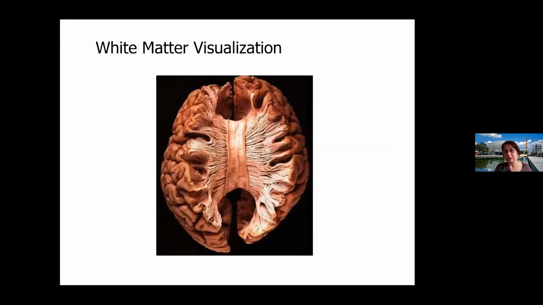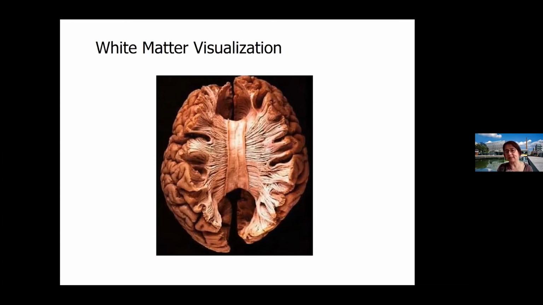And what I will be talking about today is trying to get an image of white matter in the brain in vivo. So what is white matter? If we look at the brain, we have different structures, but we could look at the brain as having two main structures: the gray matter and the white matter.